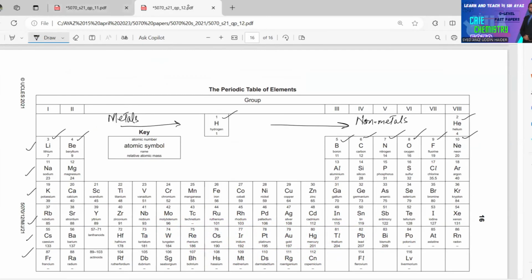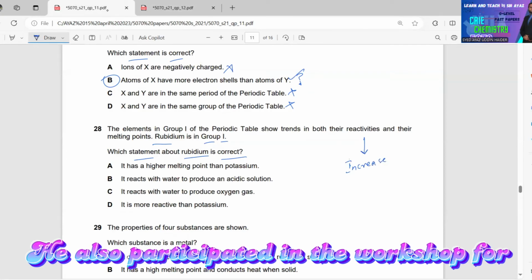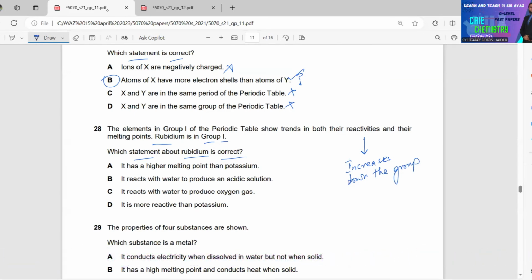So the trend in this group is reactivity increases down the group. And then melting point. What about melting point? Melting point decreases down the group.